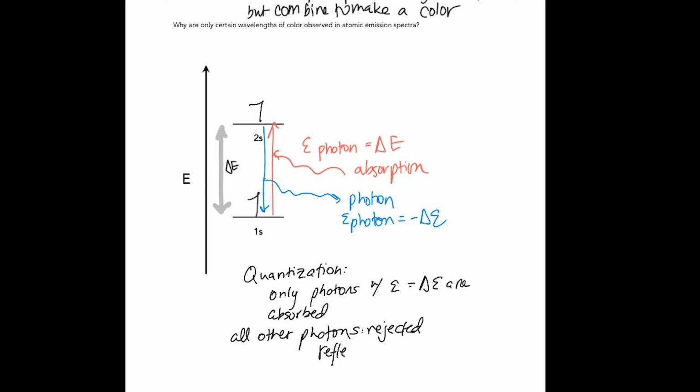Similarly, for an electron to move, it has to absorb the very specific amount of energy that will correspond with the energy jump to a particular orbital or n level. Photons that have more or less energy than is needed for a particular transition will be passed through or will reflect off of the surface of the atom.